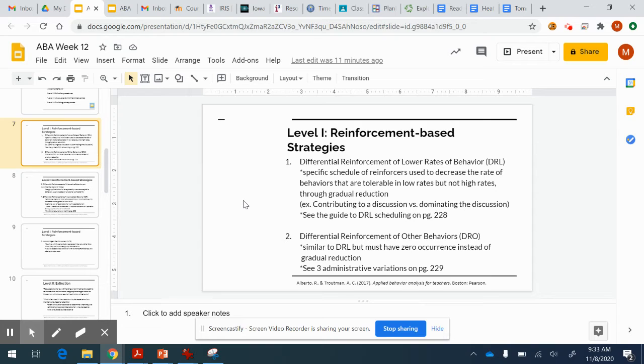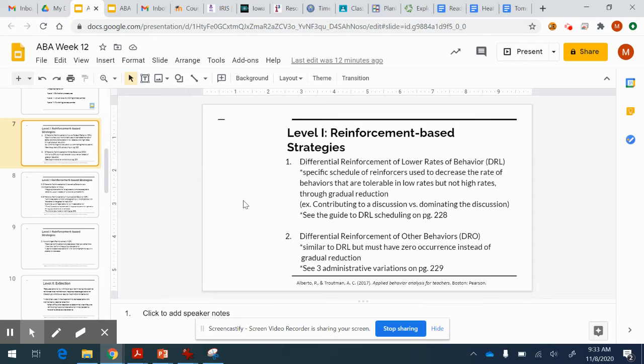We may put a reinforcement strategy in place, not realizing what it's actually called. But if I put in a differential reinforcement of other behaviors, so kind of that zero occurrence behavior, and that is not working, it doesn't mean that the reinforcement itself is not working. Maybe it's how I deliver that reinforcement, and I can move within systems of this level 1 to help build a different reinforcement system or help make a change that'll help that student.